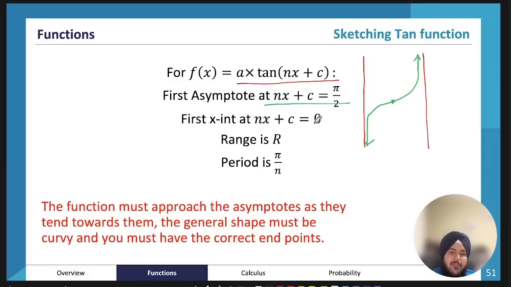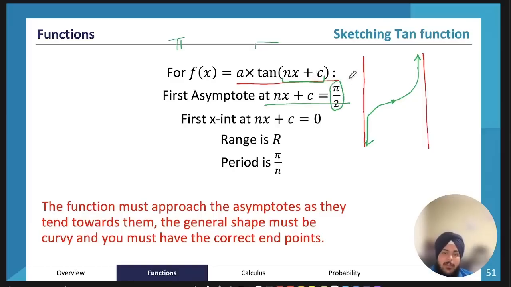Then you can find the next asymptote just by adding periods. Tan has a period of pi, which is different to sine and cos. It repeats itself every pi units. Once you find the first asymptote, which is whatever value is inside the brackets letting that equal pi on 2, we let it equal pi on 2 because if this graph was not translated, reflected or dilated, pi on 2 would be the first asymptote for the tan x graph.